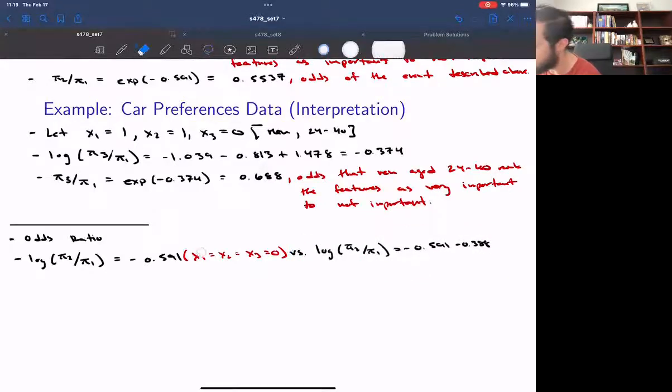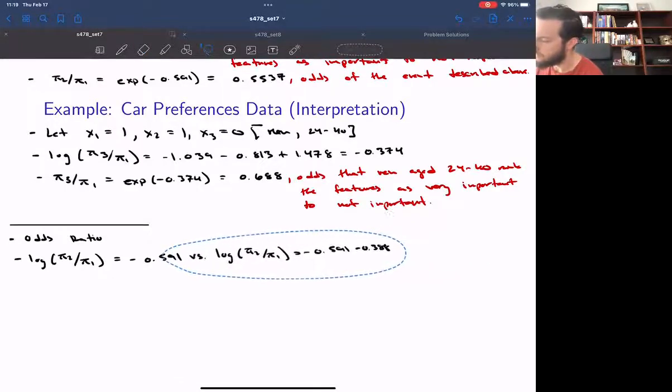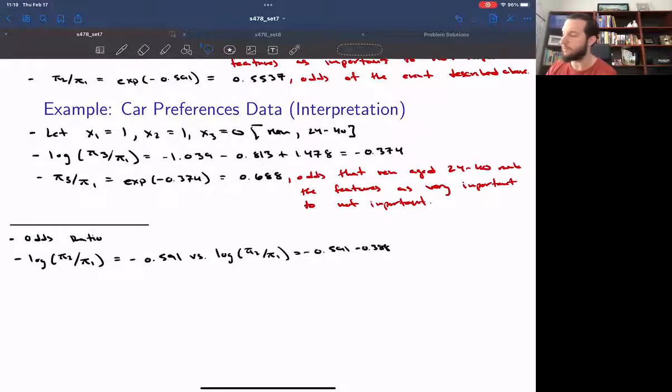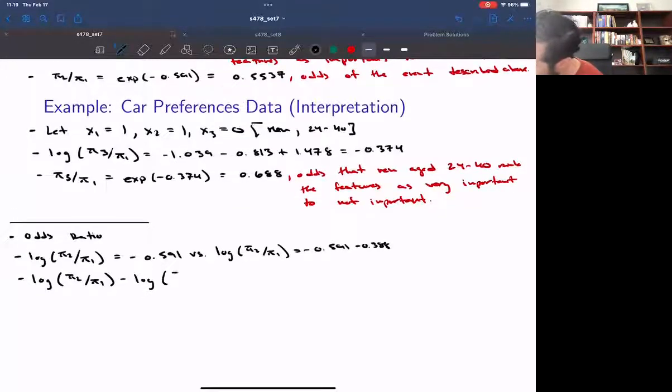I'm just going to take this part out. Hopefully it's clear. I just want to make myself enough space. So let's say that we compare these two models. The only difference between these two models is that x1 is equal to 1. So then from this, we would have the log of pi 2 over pi 1 minus the log of pi 2 over pi 1.